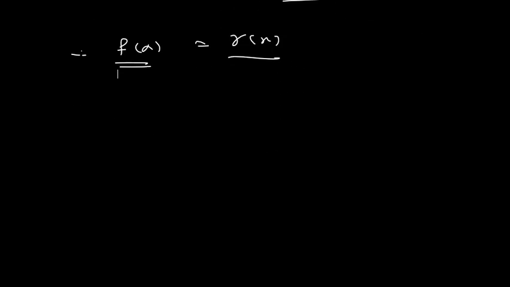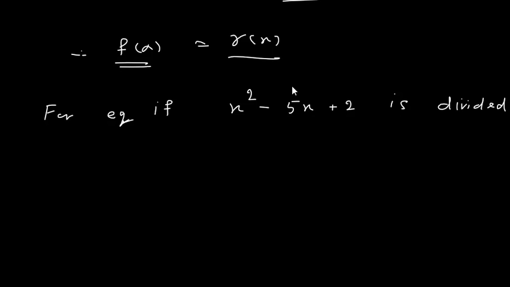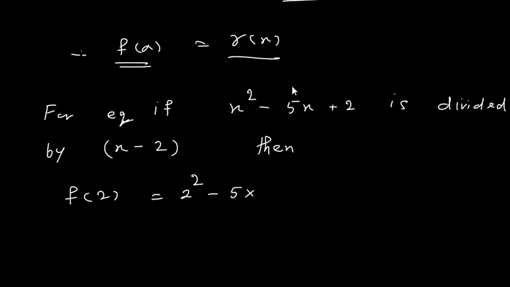So for example, if x square minus 5x plus 2 is divided by x minus 2, then f of 2 is equal to 2 square minus 5 into 2 plus 2, which is 4 minus 10 plus 2, equal to 4 plus 2, 6. 6 minus 10 is minus 4.